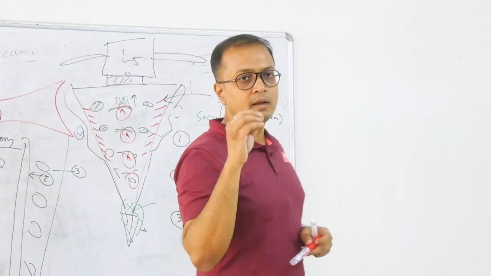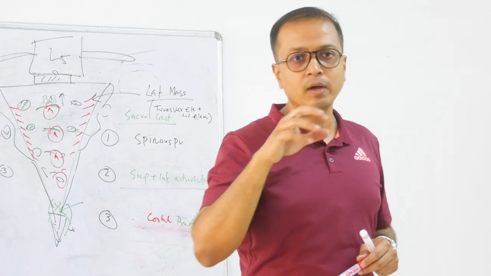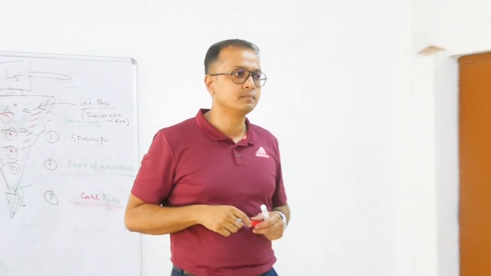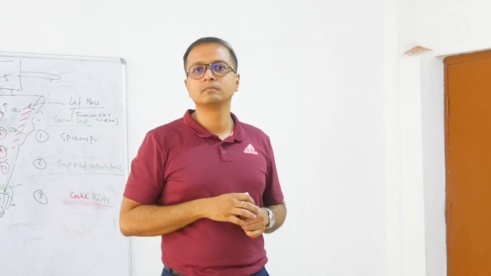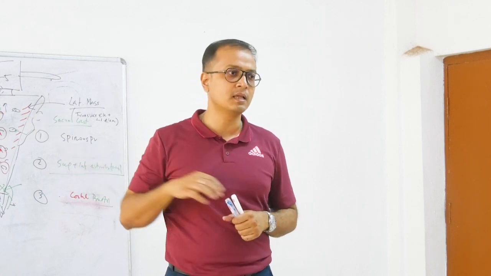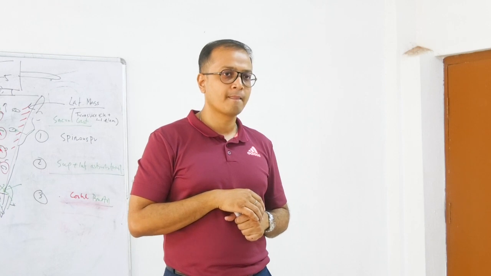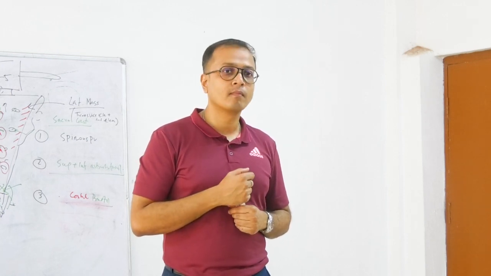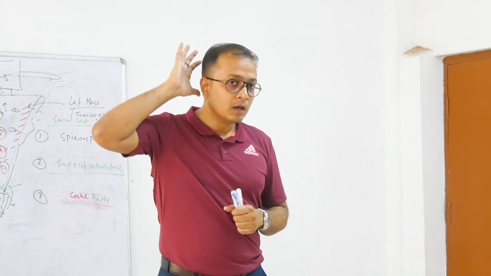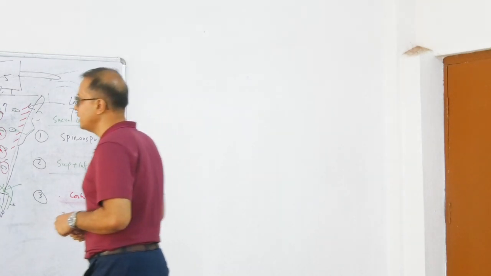So what joint takes place on the articular margin? Hip bone. With the hip bone, it is articulating.